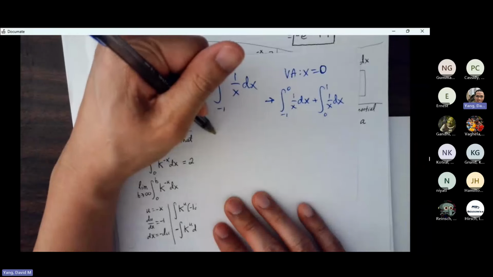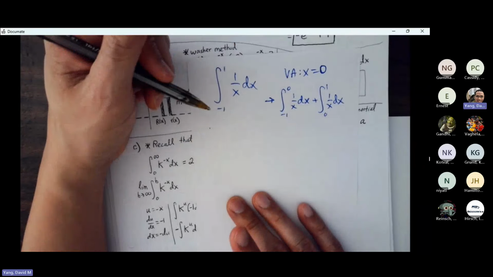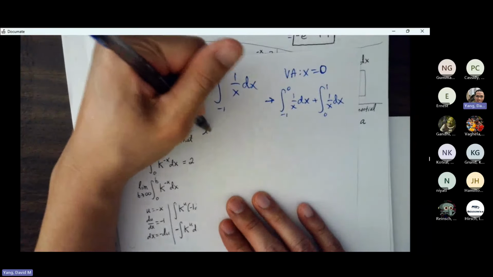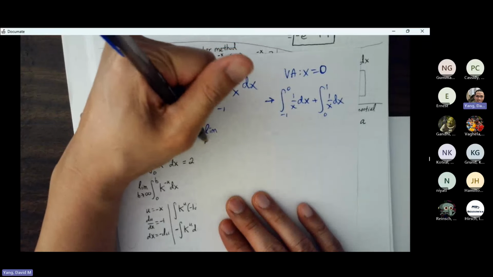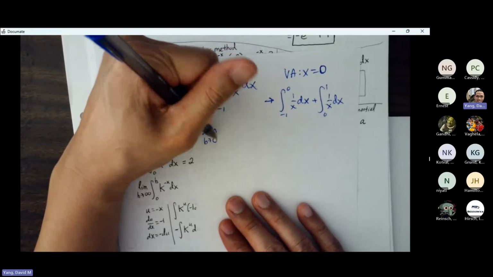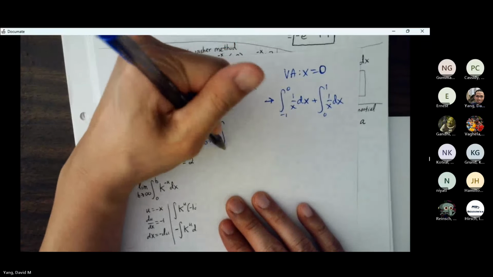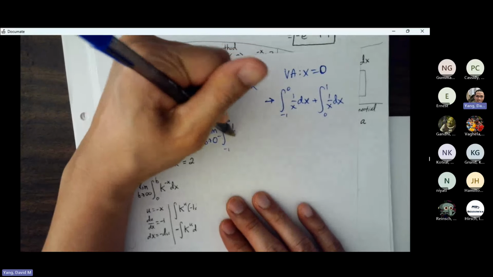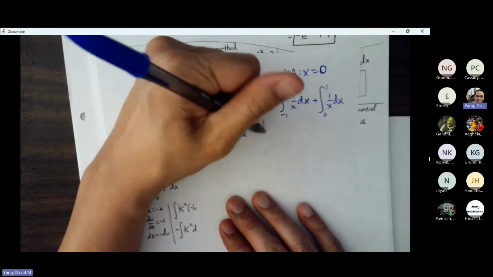So this one would be on the left side of 0: the limit as b approaches 0 from the left of the integral from -1 to b of 1 over x dx.